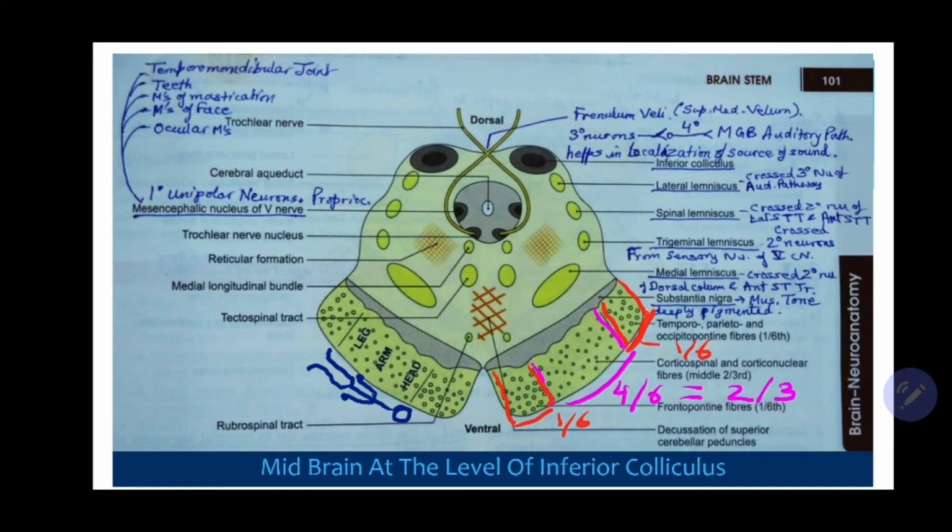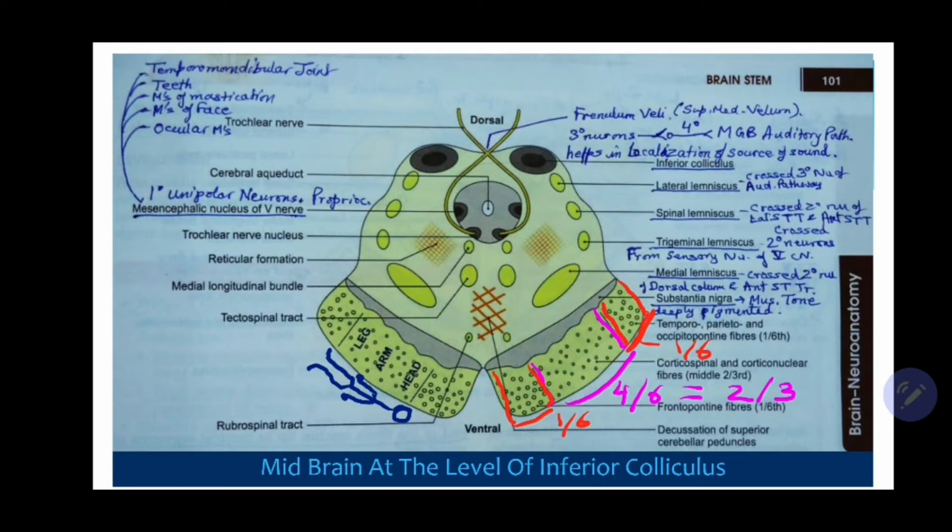So this is the corticopontine vertically descending fibers. Then the pontocerebellar fibers will reach the opposite sides through the middle cerebellar peduncles. In the pons, they will be part of the basilar portion or the ventral portion of the pons.